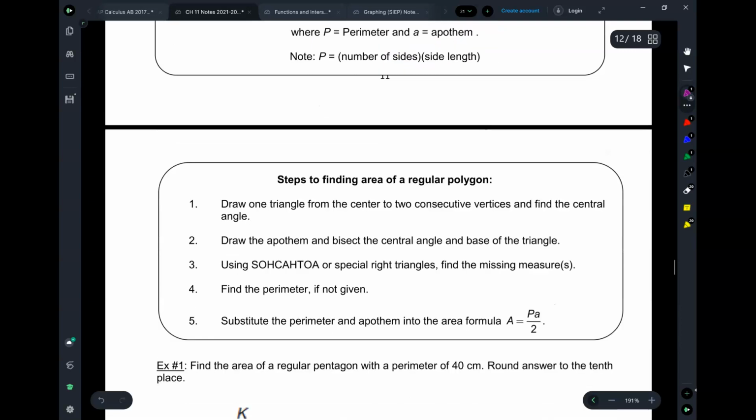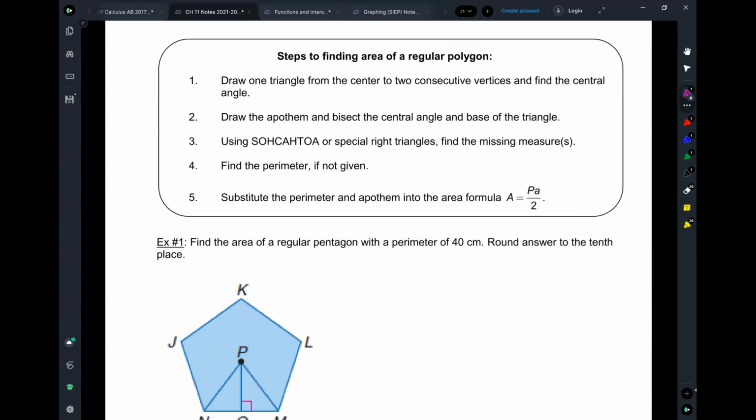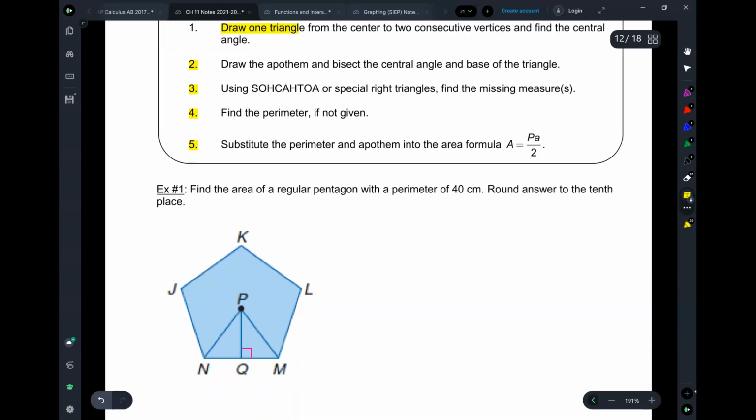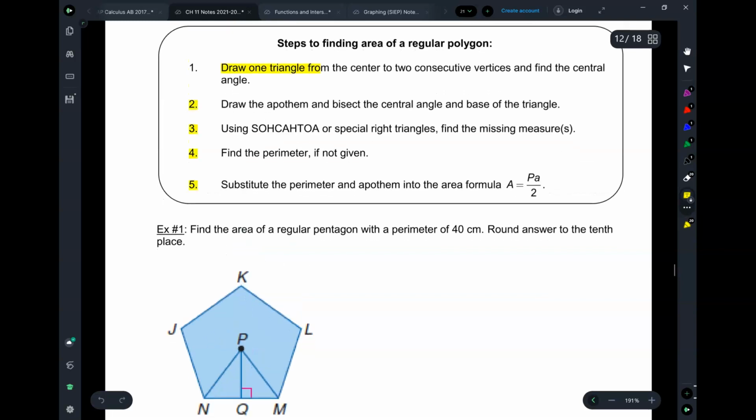All right, so let's do this. How do you find the area of a regular polygon? Draw one of the triangles from the center to 2 consecutive vertices, just like this.